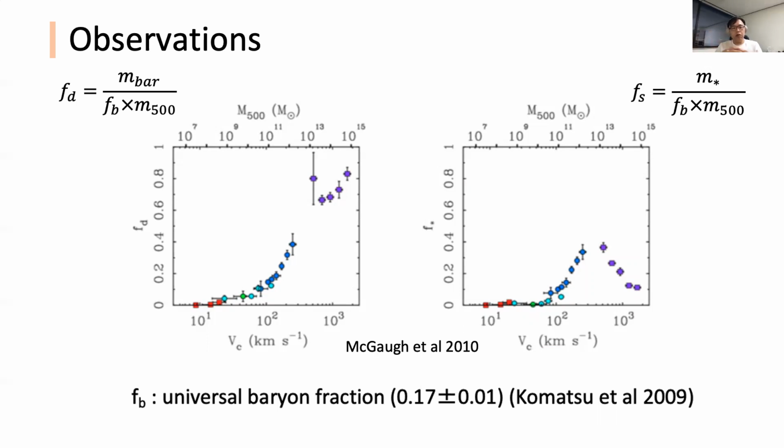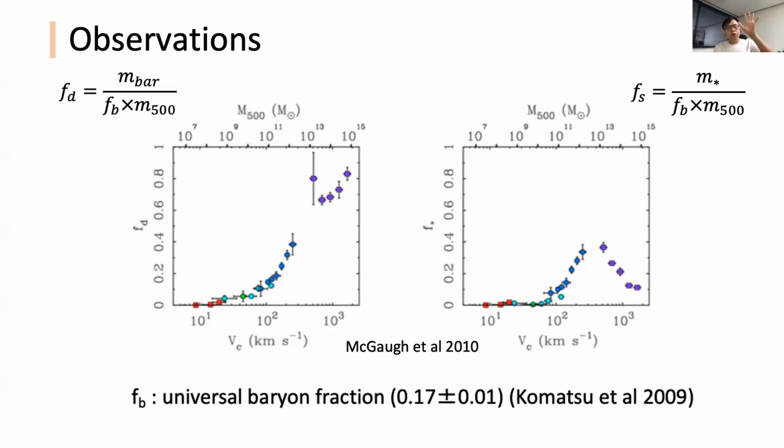Similarly, they looked at FS, which is just the analog for the stellar mass. These observations are produced by McGaw et al. in 2010, and they have it for a series of halo masses, but they are focused on a Milky Way sized halo.